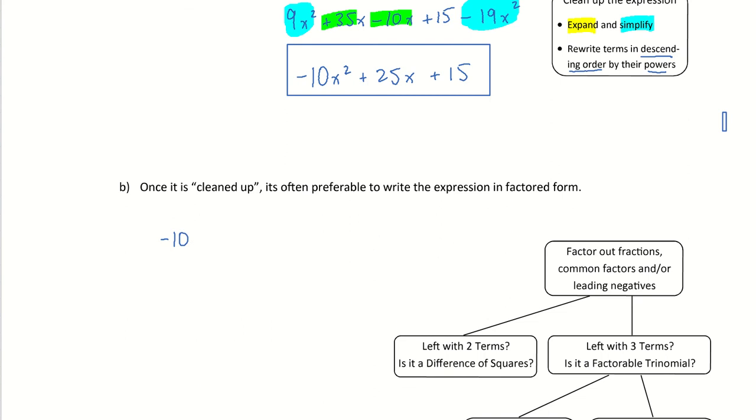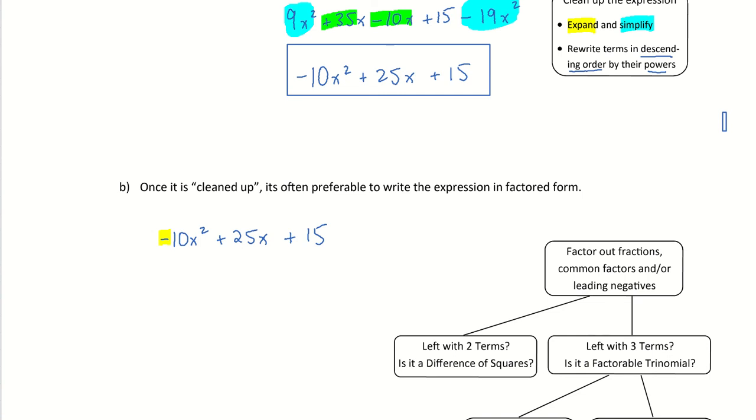Okay, so negative 10x squared plus 25x plus 15 is a trinomial. But before we get too hung up about factoring it, let's see if we can take out any common factors. All right, 5 goes into each of those 3 coefficients. But something we want to make sure we do this year is that if we ever have a negative on the leading coefficient, that is the x squared coefficient in this case, we want to make sure we factor that negative out as well.